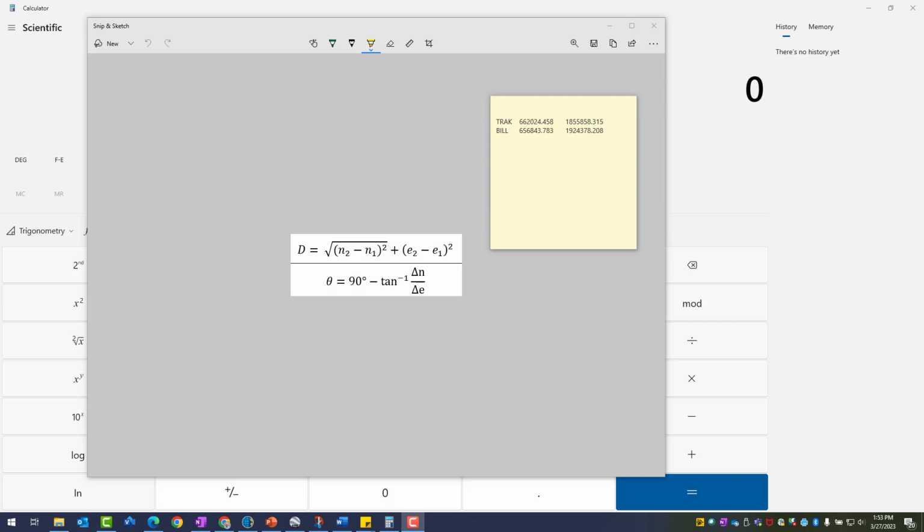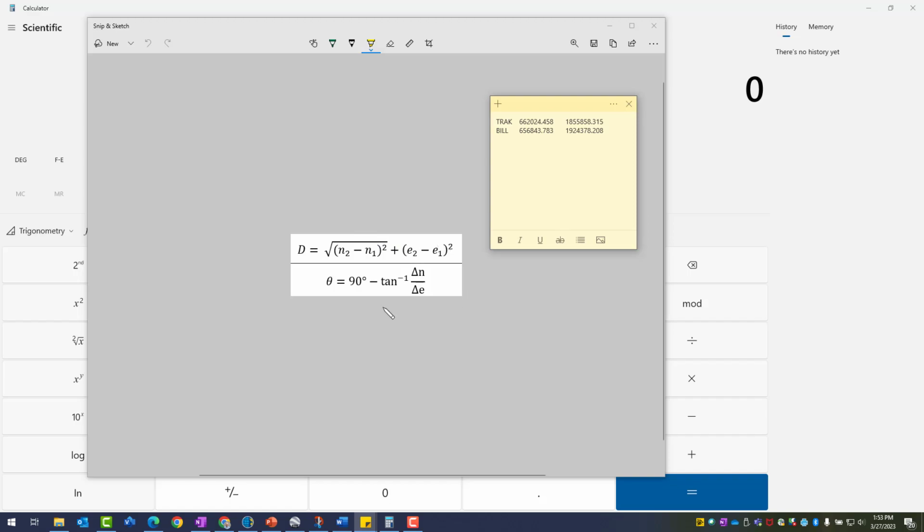In this video I'm just going to demonstrate real quick how to compute a distance between 2 points on the state plane coordinate system. So what I have here is my little sticky note with the two stations, station Track and station Bill. These are both NGS CORS stations, and I have their northing and easting in meters for both stations.